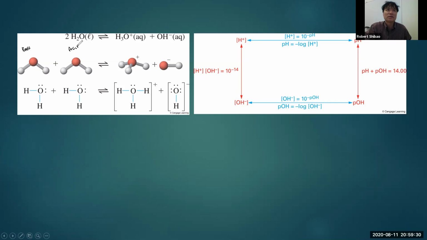And we'll call this other water the acid. And so if there's a violent collision between these two waters, then it can form this. Okay, it can form hydronium. So this accepts a proton, and hydroxide, this loses a proton. And so going backwards, this would be the acid, this would be the base here.